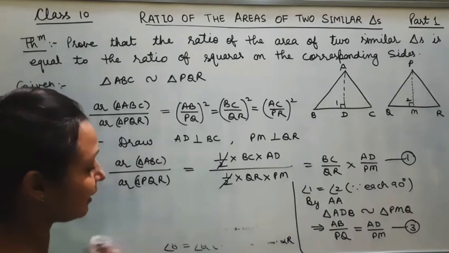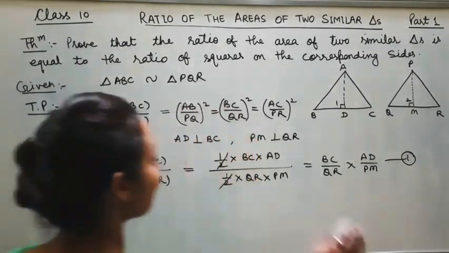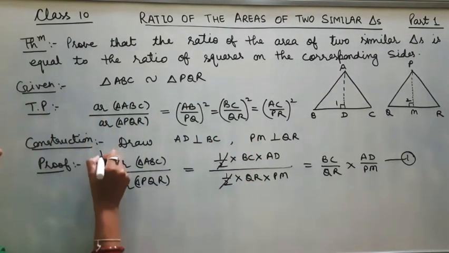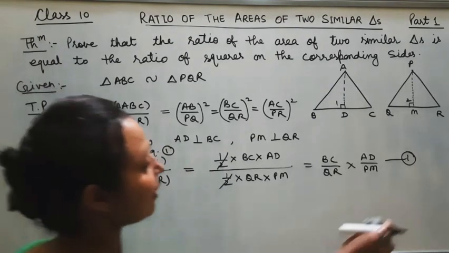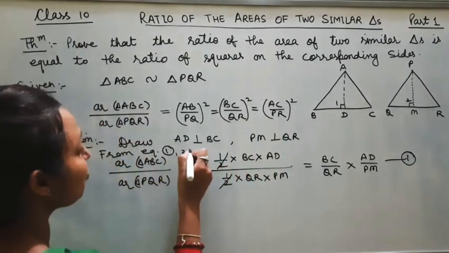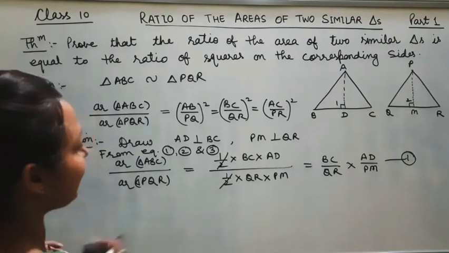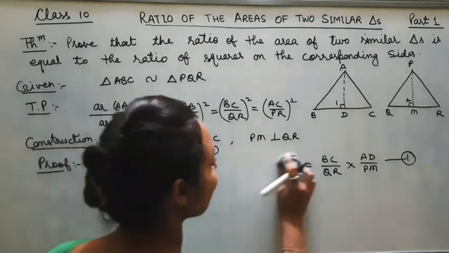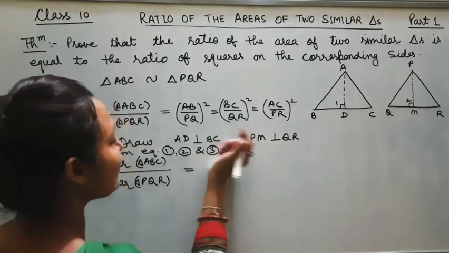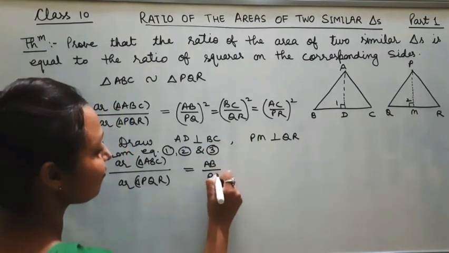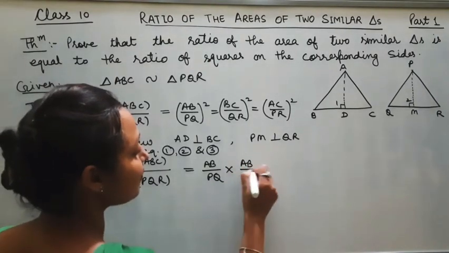From equation 1, 2 and 3, I will write again: BC upon QR is equal to AB upon PQ, and the second one, AD upon PN, is also equal to AB upon PQ.